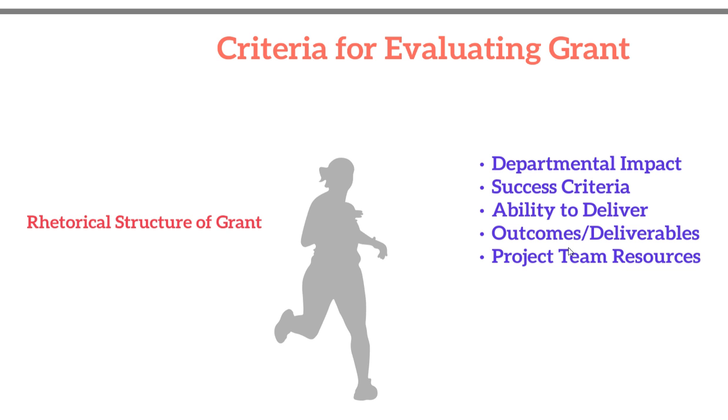Often the grantor wants to know what kinds of outcomes and deliverables. So this could be a paper, it could be a seminar that you might give. So there are a number of ways of demonstrating that you can give something very specific on returning or finishing the grant.